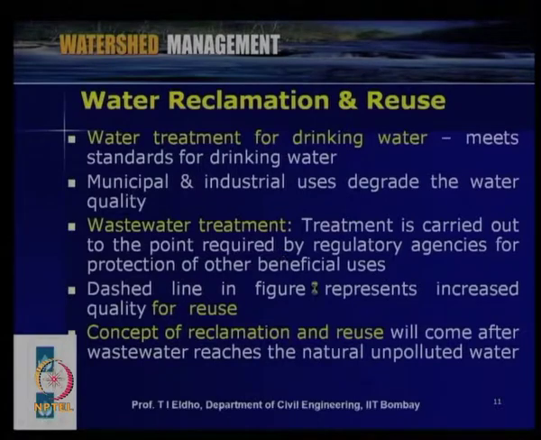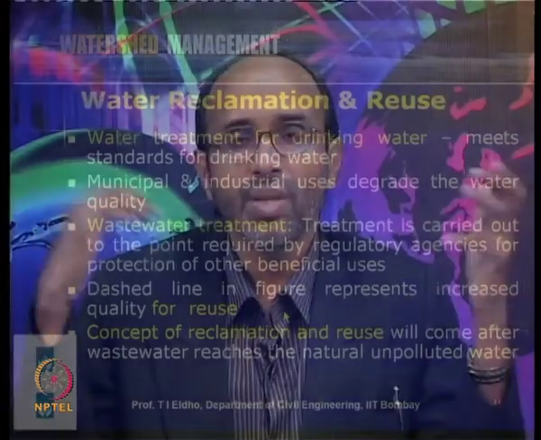Here in this figure, the dashed line represents increased quality for reuse, and the concept of reclamation and reuse will come after the wastewater reaches the natural unpolluted water. If the reclaimed water is being put into natural unpolluted water, then we have to study its effect appropriately, and only then can we send this effluent to the natural water sources.